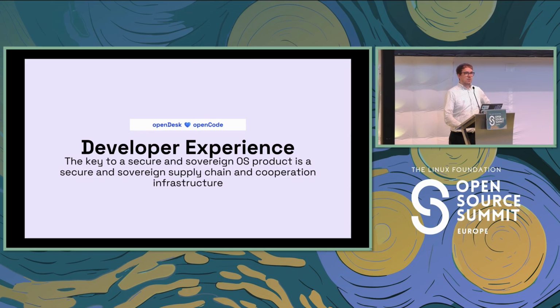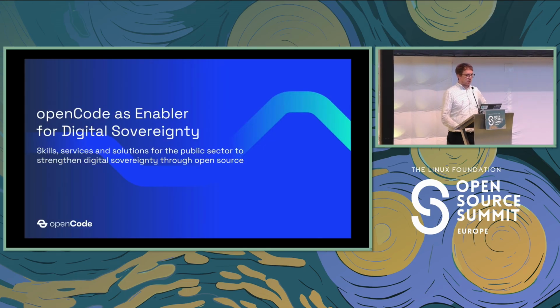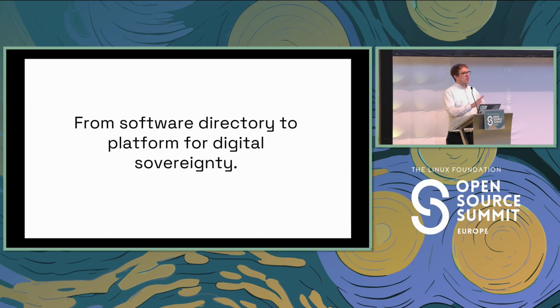On our terms, that is the openCode platform. openCode was founded some years ago, in 2022, initially with the aim to bring together all the skills, services and solutions needed in the public sector to strengthen digital sovereignty through open source. Since then, the platform has evolved step by step from being a software directory to now being a platform for digital sovereignty with much broader aspects of supply chains.